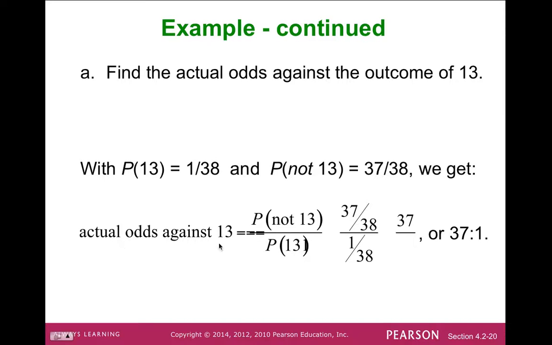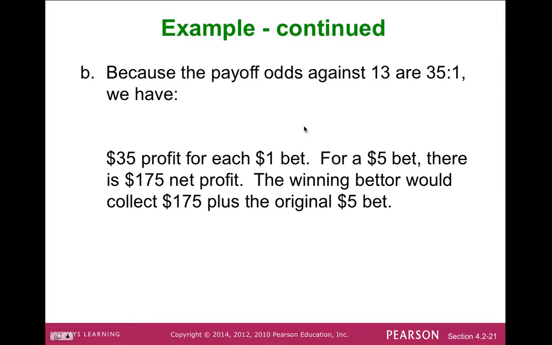So the actual odds against are going to be, if we go back to our equation, our probability of not 13 divided by our probability of 13. We simply plug it into the equation: 37 over 38 divided by 1 over 38. Again, probability of not 13 divided by the probability of 13, to wind up with odds of 37 to 1.